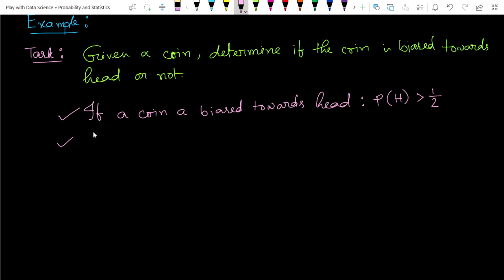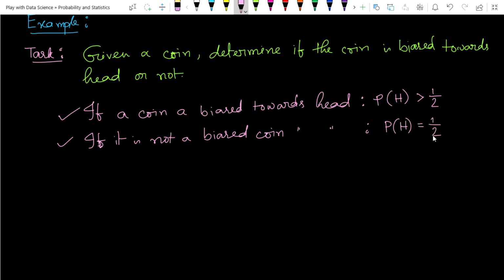And oppositely, if it is not a biased coin towards head, that means the probability of head as well as tail is equal to half.